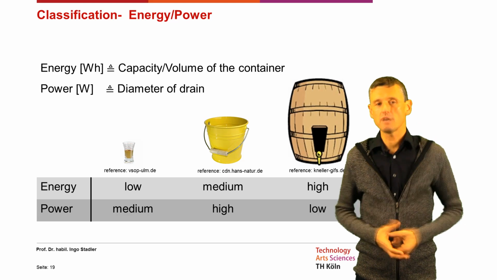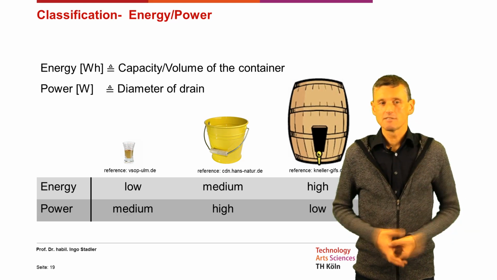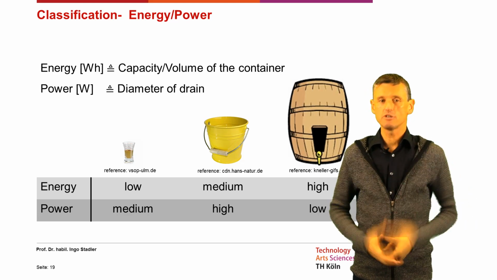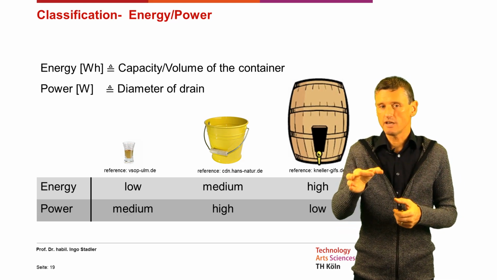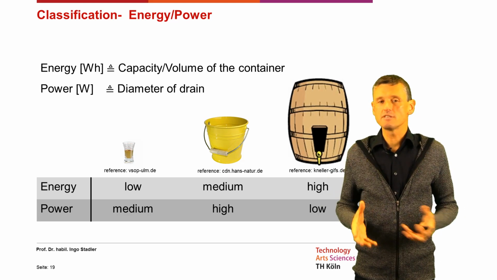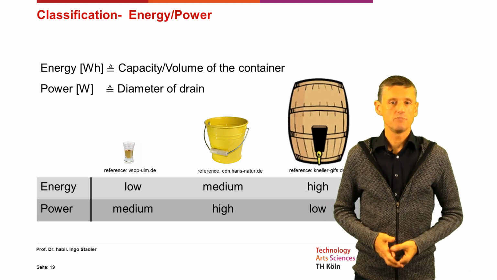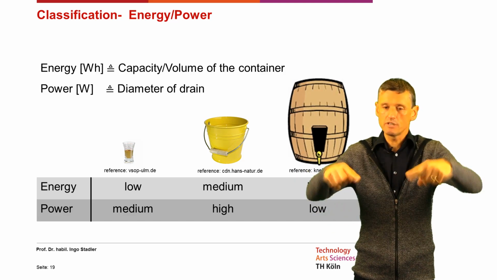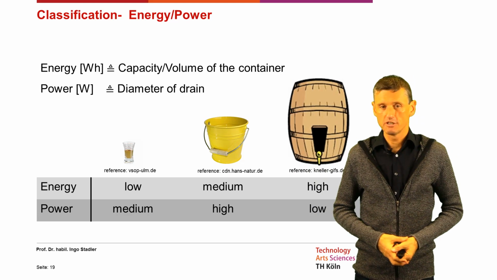So what we see in the picture, on the left side we have a schnapps glass, and there the volume is small, so low energy content, but the power is medium because the opening is quite high, so you can empty it very fast. Then we have in the center a bucket, and it has a medium capacity but a very high power because it has a very big opening, and so you immediately can discharge this.